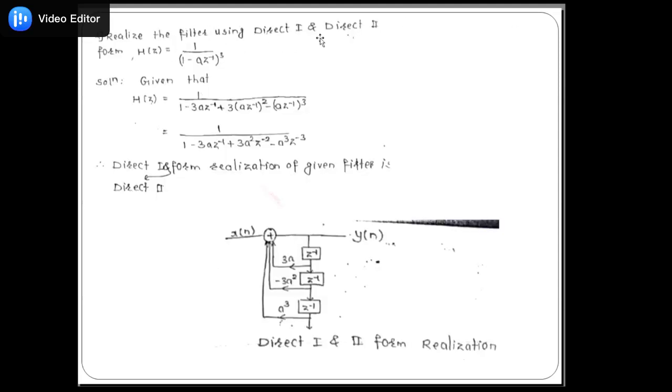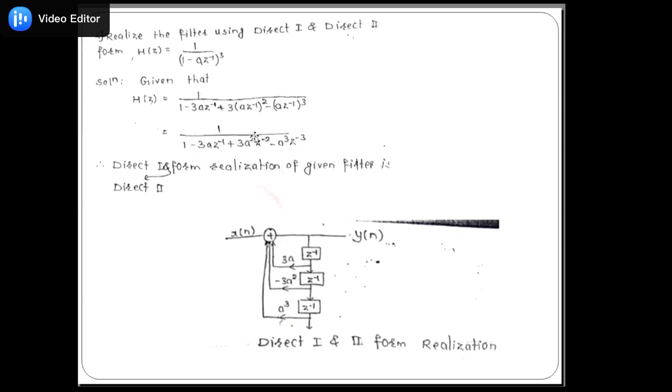Realization of filter is in direct 1 and direct 2 form. H of z is equal to 1 upon this equation. If you solve this cube, that will generate this equation. Then that y of z upon x of z, x of z multiplied with this means numerator has no value. That's why input is directly connected, and that will generate this equation, that y of n multiplied with this, then delay version 3a, sign will change.